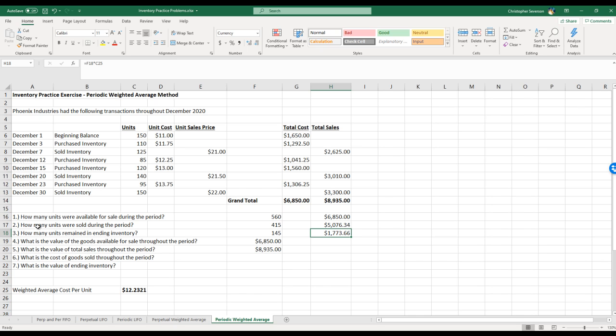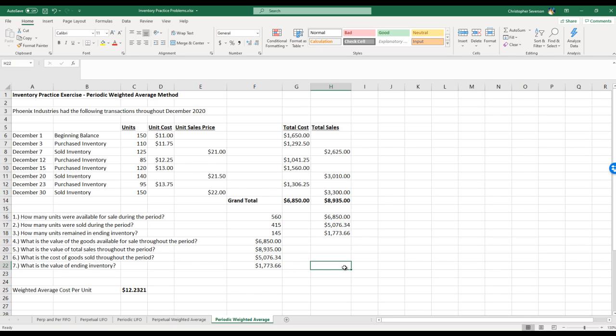Cost of goods sold would be related to the number of units sold, so I'm just going to put in 5076.34. And units remaining in ending inventory, that's the value of the ending inventory. Just format it to make it look nice. And we are done with this problem.